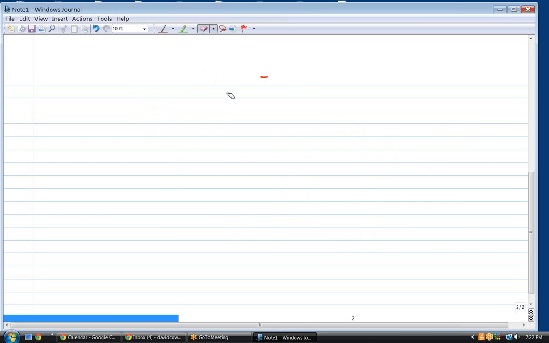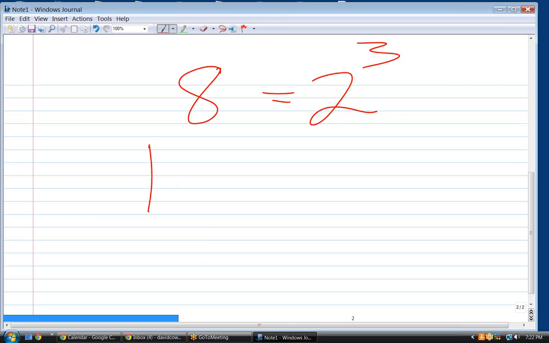Let me just give you a quick drill. If I have 8 equals 2 cubed, give me the logarithmic expression of that. So that's log base 2 of 8 equals 3. Remember one word. Logs are exponents. So log 2 8 equals 3. In other words, if you remember that, you don't have to remember anything else.